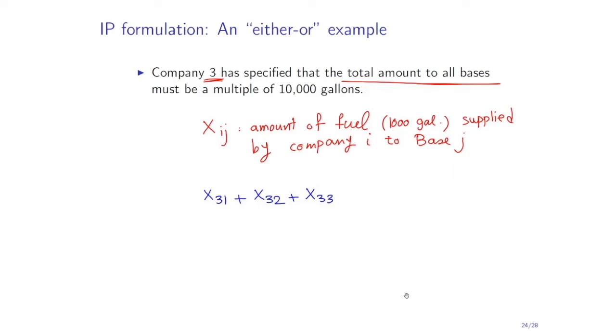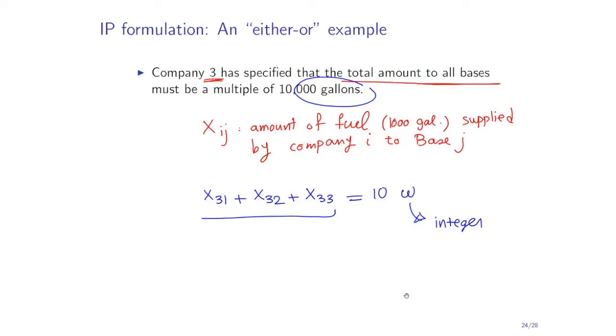Okay, we just need to introduce an integer variable. Let's say W. Remember that our unit is 1,000 gallons, so if this W is integer, this sum must be an exact multiple of 10,000 gallons, and that's it.